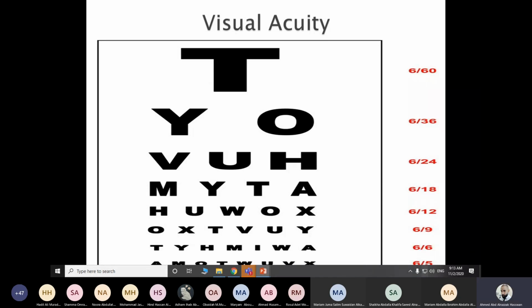Hi guys, any suggestion? Now Nada is suggesting that we move 1 meter, decrease the distance. Yes. So guys, simply, the patient is not appreciating the big T from 6 meters, so we will ask him to approach.